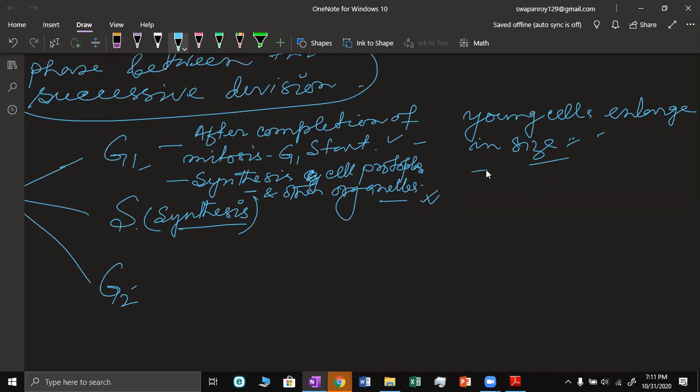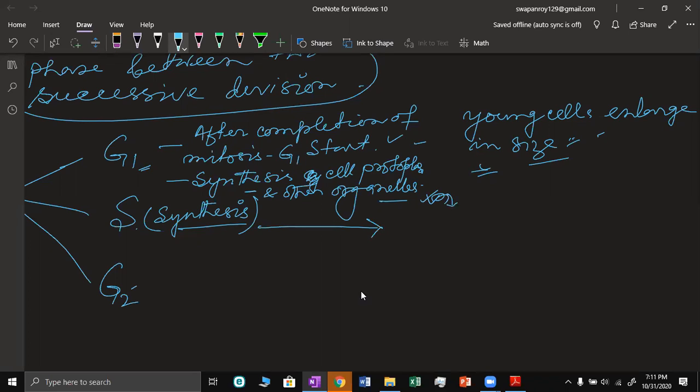After this, if the cell is to divide, then the cell has to prepare for the next division, and it has to synthesize its genome, genetic material.